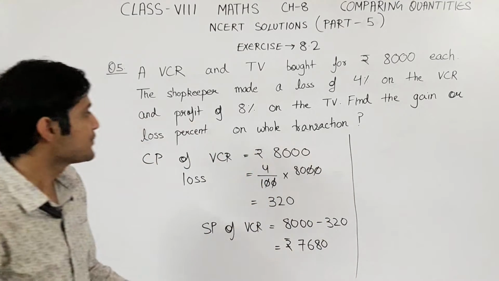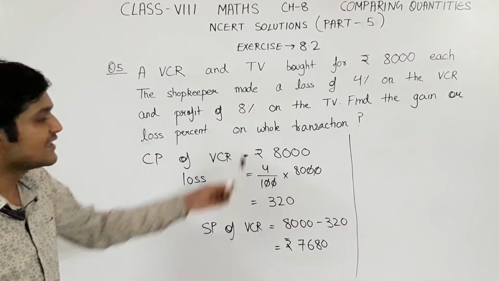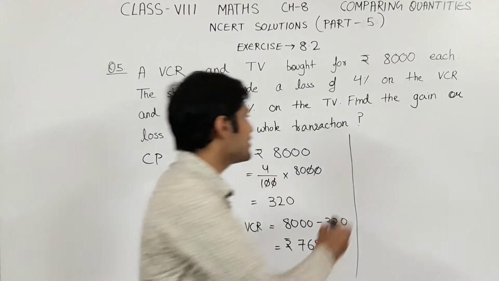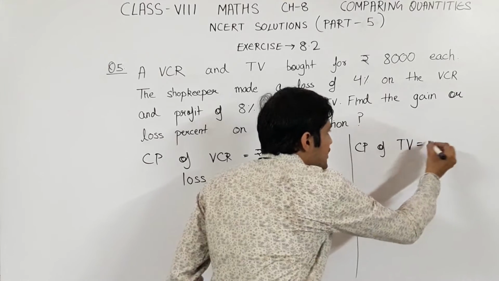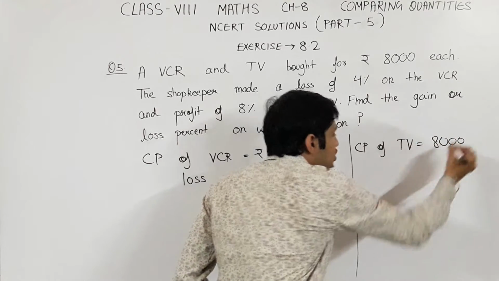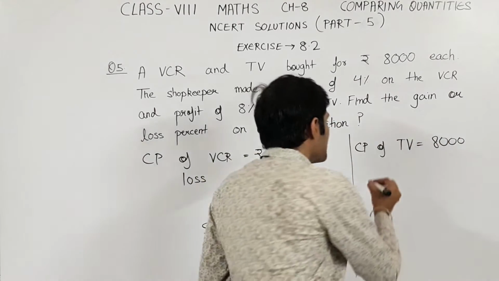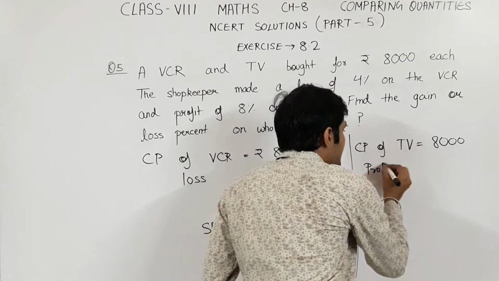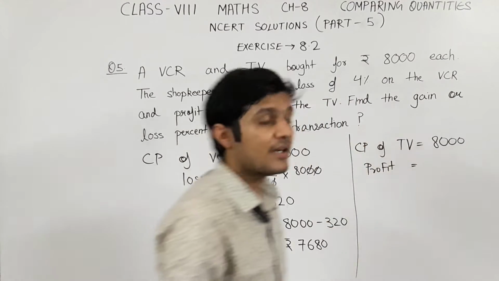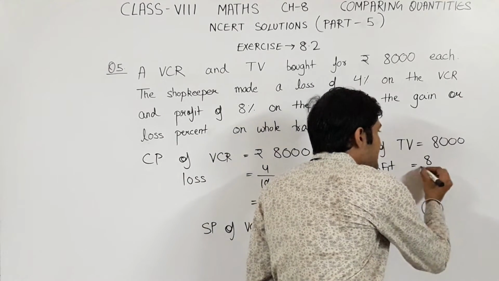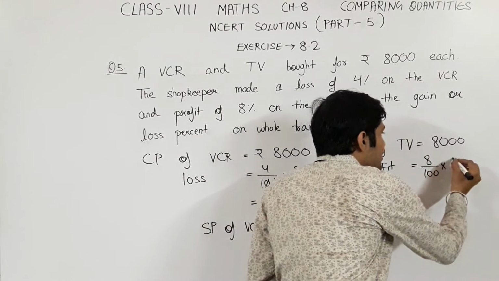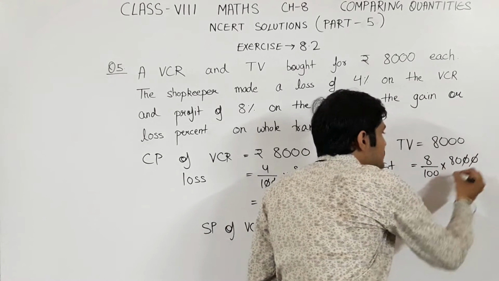Now second thing, on selling TV, he is getting a profit of 8%. So again, cost price of TV is also 8,000. Amount of profit will be 8% of this 8,000. So I can calculate 8% of 8,000.